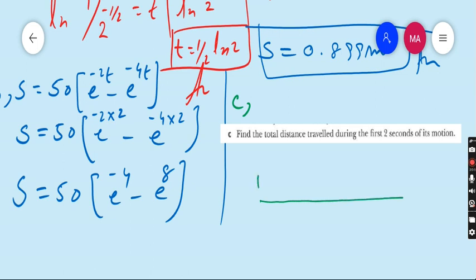See carefully. At this point T is equals to 0. At this point T is equals to half ln2.